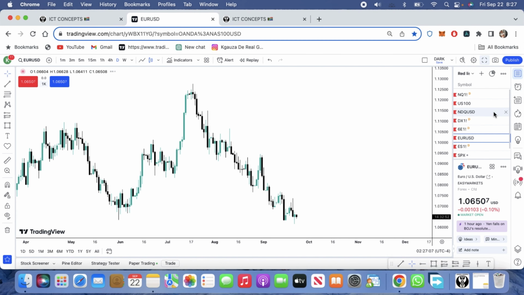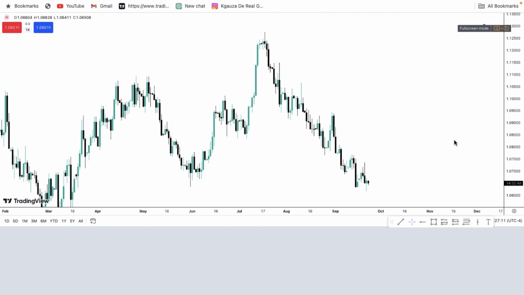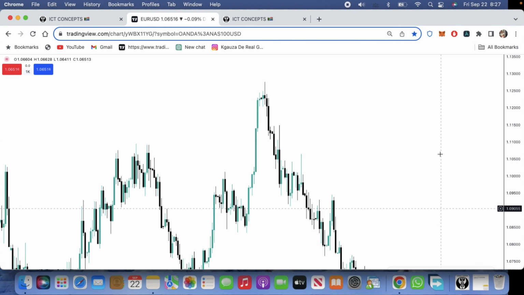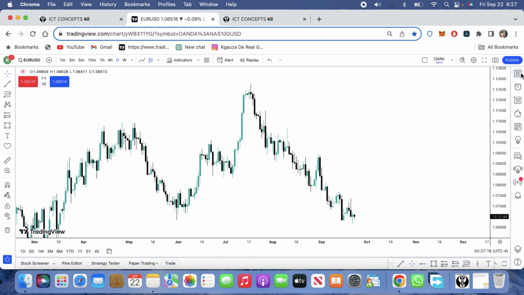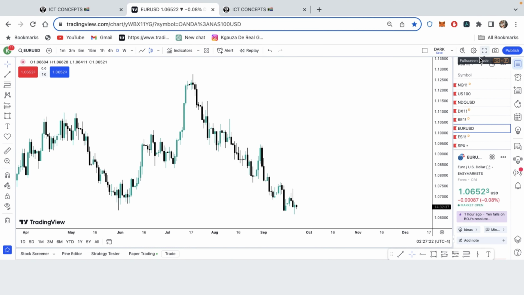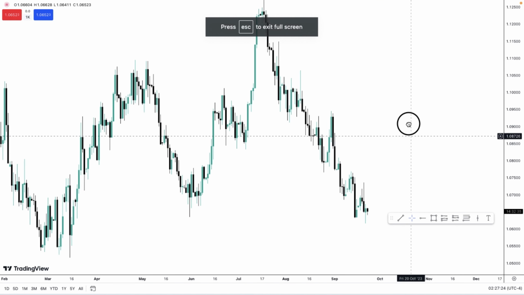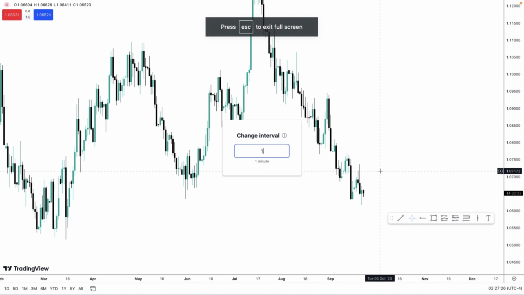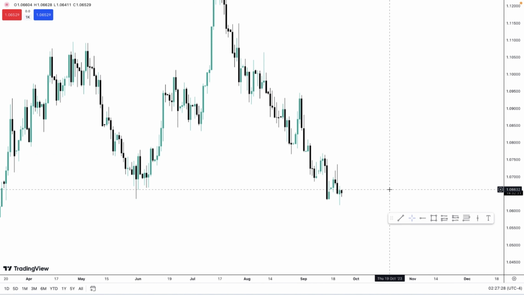So I'm gonna go ahead and open my EURUSD chart. I'm on the normal chart, as you can see. It's not the futures contract. It's the normal EURUSD chart that you can find on TradingView. So again, I'm on the daily chart.